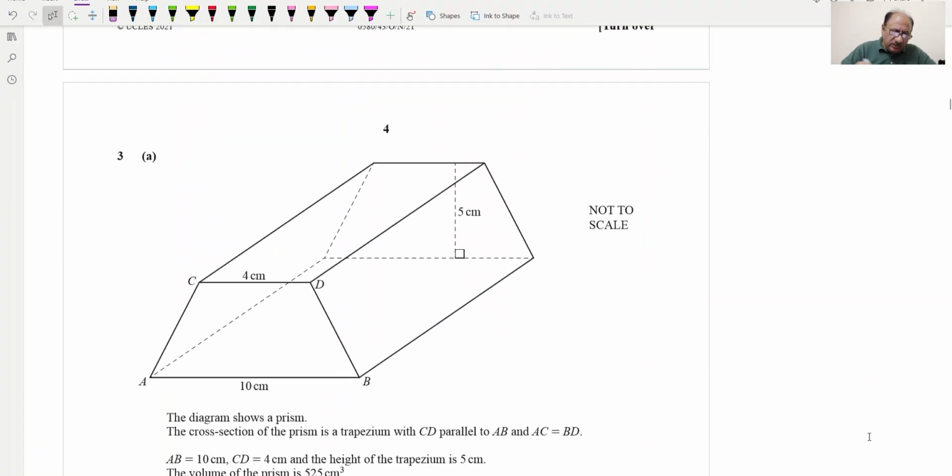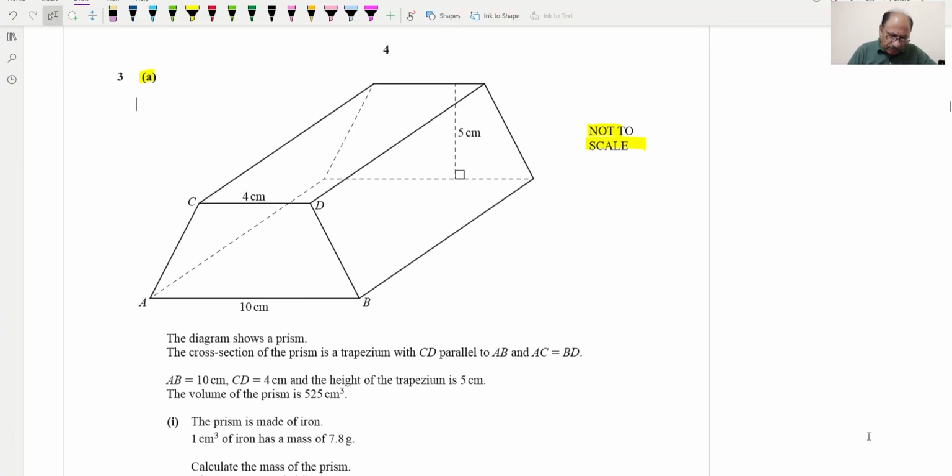Question number 3 diagram is provided which is not to scale, and we are going through part 3A. The diagram shows a prism. The cross section of the prism is a trapezium with CD parallel to AB. This one is parallel to this one, and AC is equal to BD.